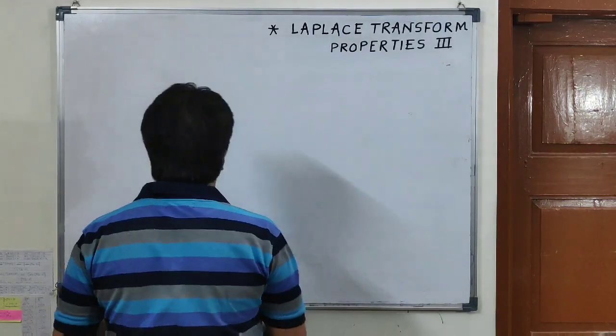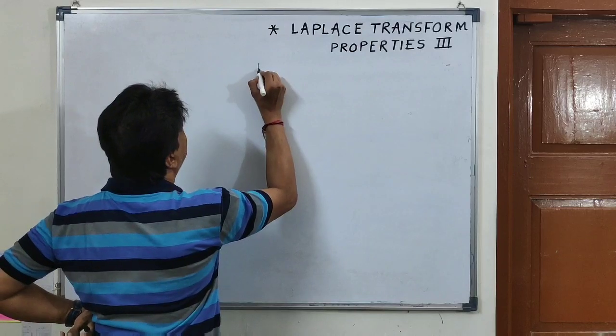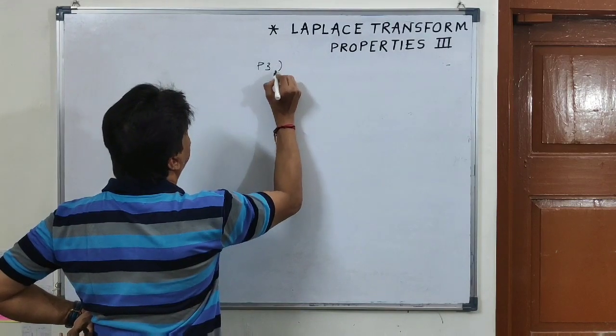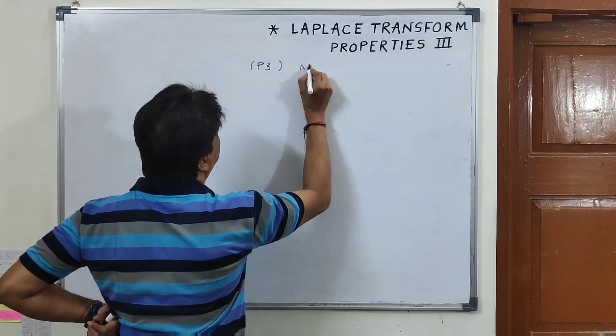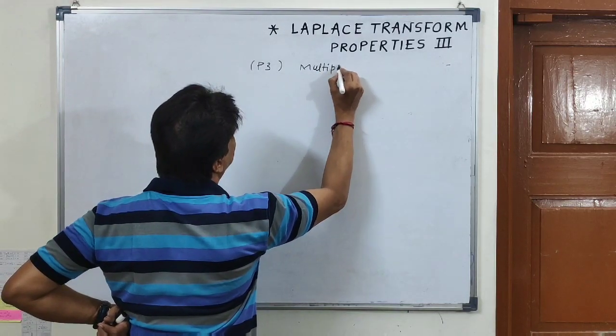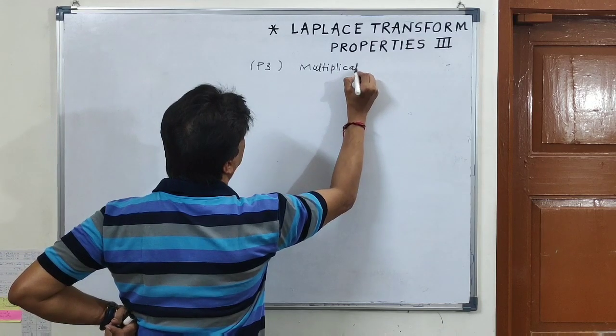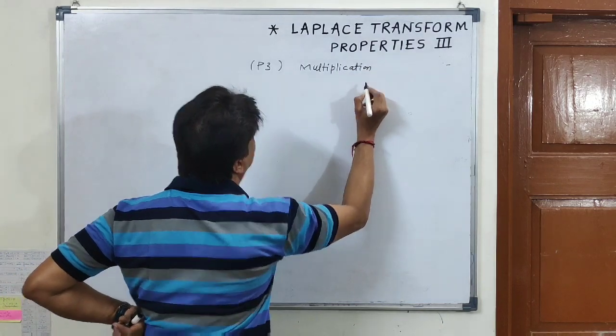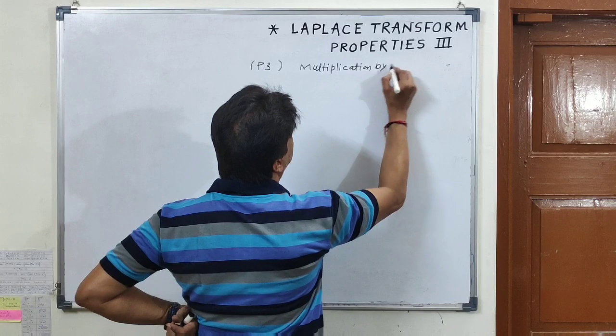Third property, P3, multiplication by t property.